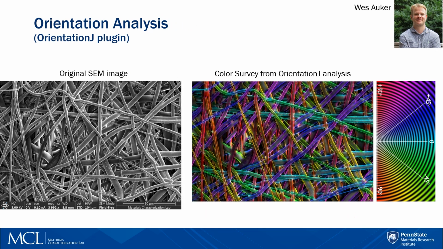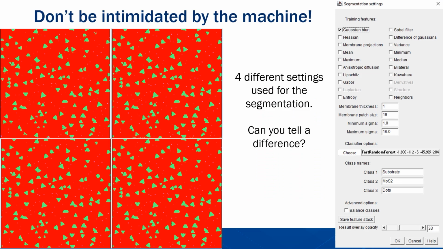And another one that was highlighted by another MRI staff member here, Wes Auker, shows that when you have fibers in an SEM image, you can use the OrientationJ plugin to actually extract the vectors of that particular fiber within the image itself. So these are really cool other fun image analysis techniques that you can then apply to your segmented data.